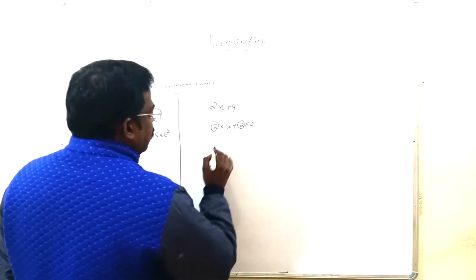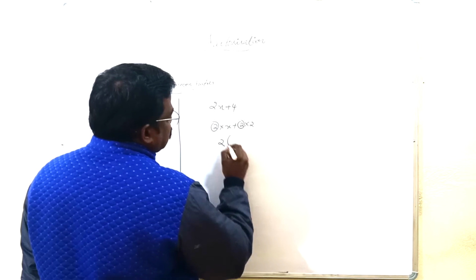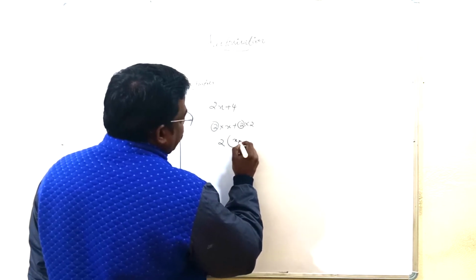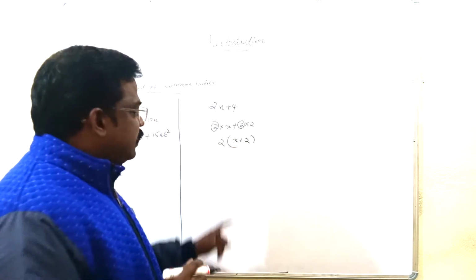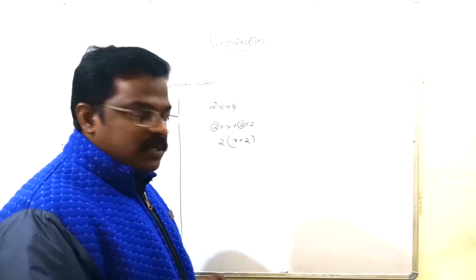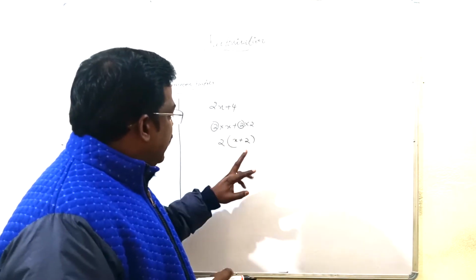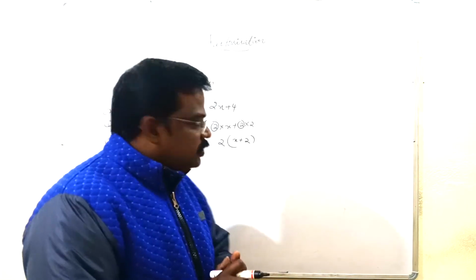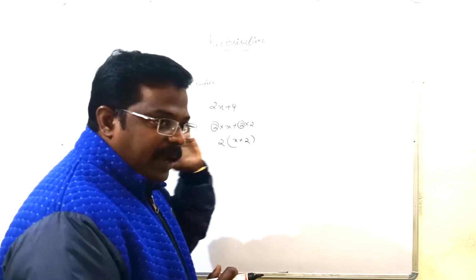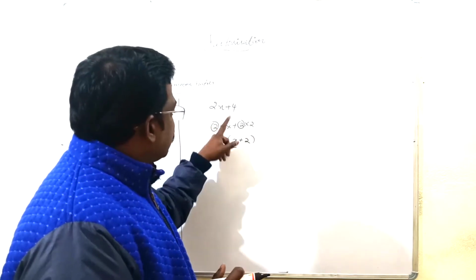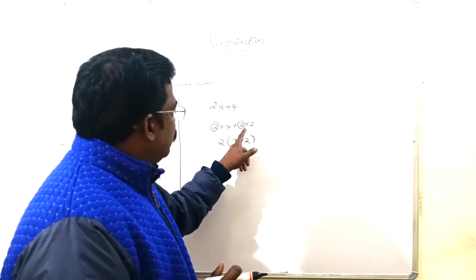So what can be done? The 2 can be taken as common and what will remain? x plus 2 will remain. So 2 and x plus 2 are the factors of this expression 2x plus 4. What did we do? We factorized 2x as 2 into x, and 4 as 2 into 2.